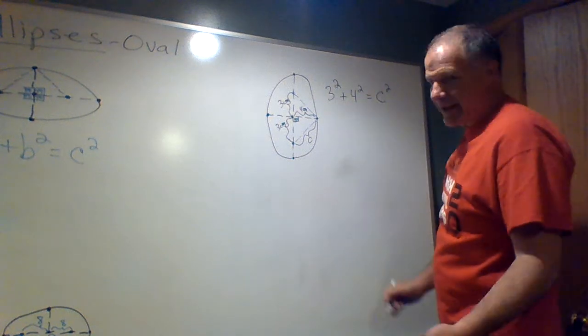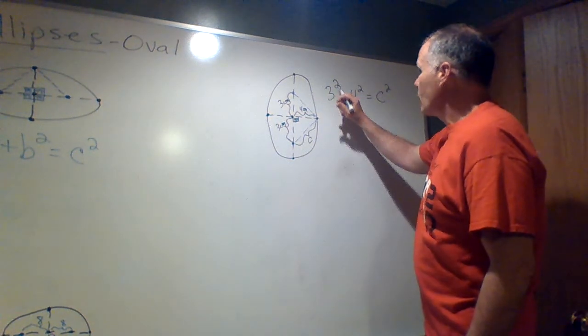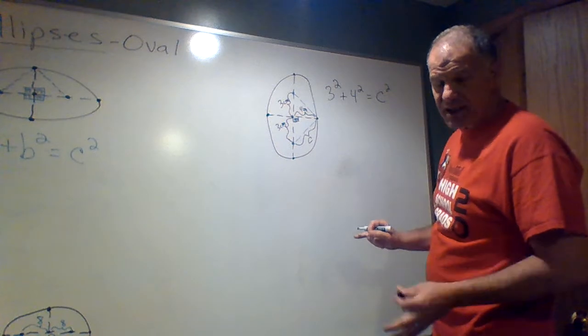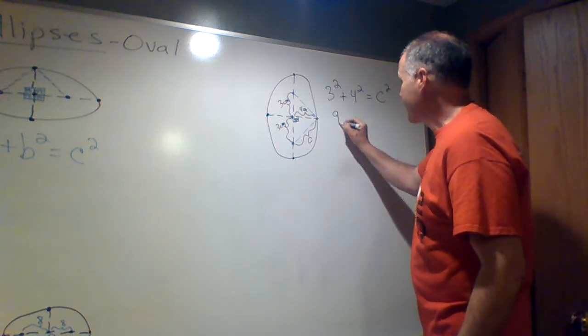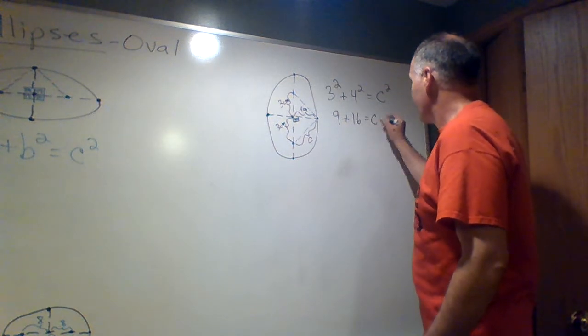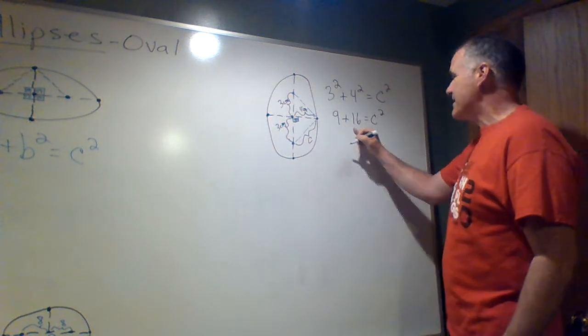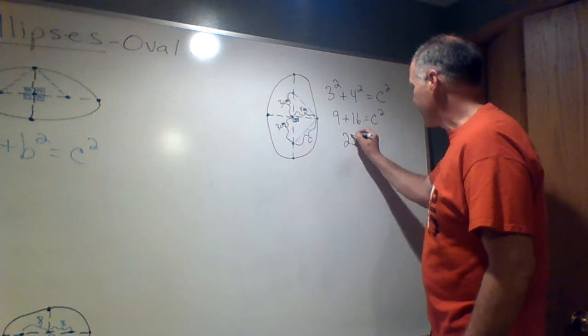I'm giving you one that's pretty easy to do on the calculator. 3 squared, remember, is 3 times 3, not 3 times 2. 3 squared, 9, plus 4 squared, 16, equals c squared. 9 plus 16 is 25.